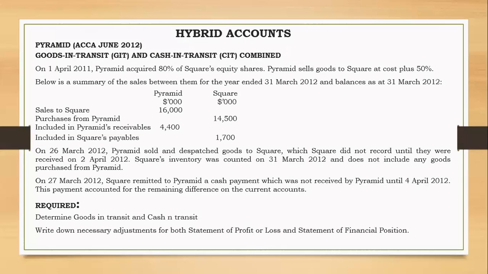So from the question, we are given the sales by Pyramid, which were 16,000, while purchases recorded by Square were actually 14,500. You can just go back and check here. Sales to Square 16,000 and purchases from Pyramid 14,500.